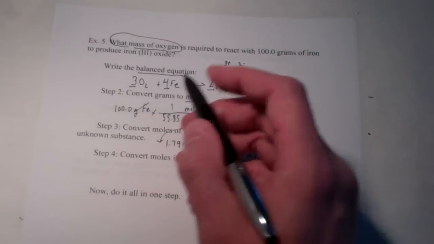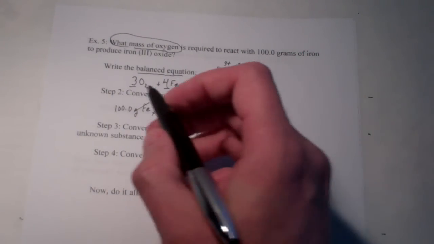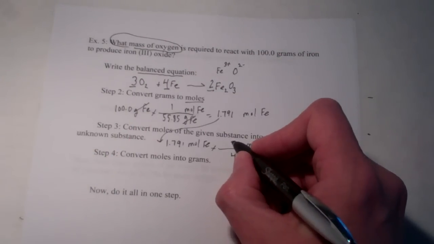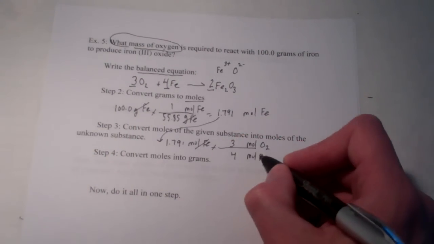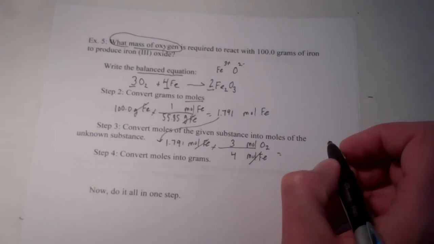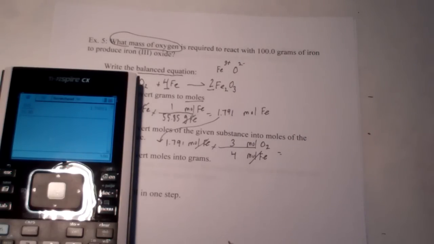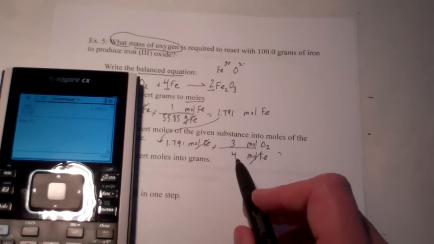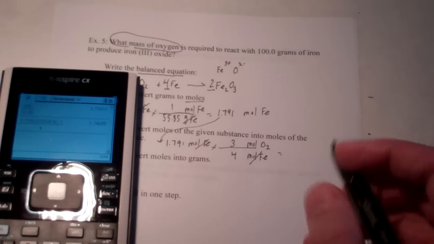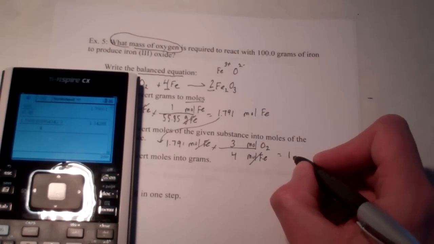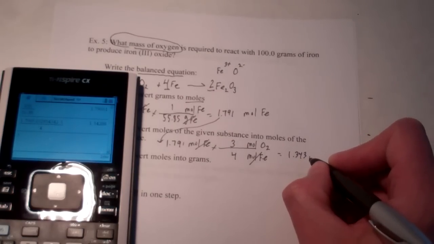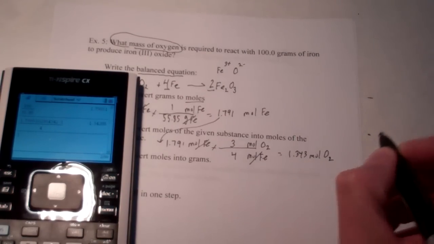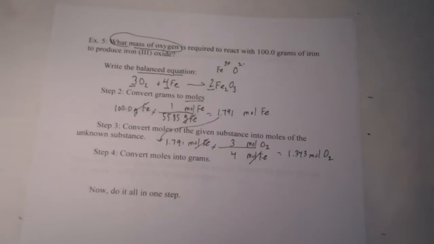For every 4 irons, we need 3 moles of oxygen. Moles of iron will divide out here. So I'll have my answer from the previous problem. We will multiply by 3, and then divide that by 4, and we get 1.343 moles of oxygen will be required to react with my iron.